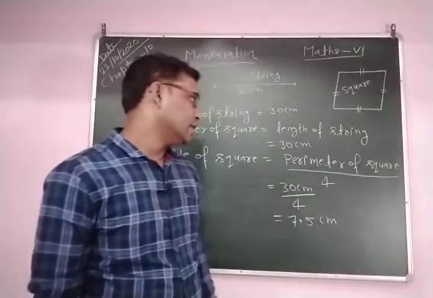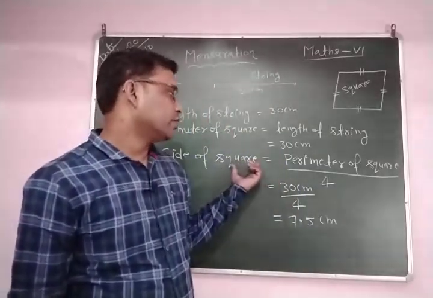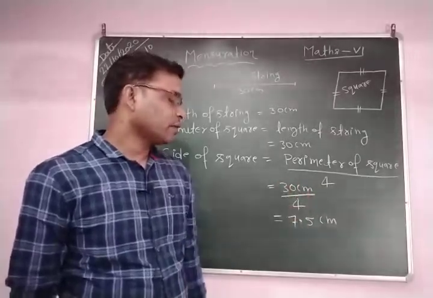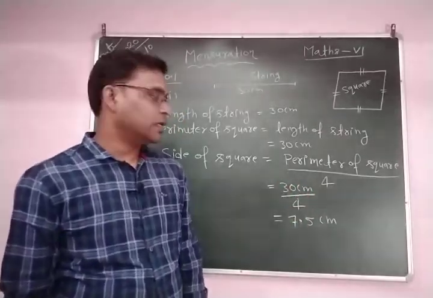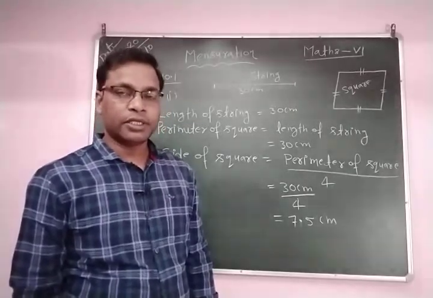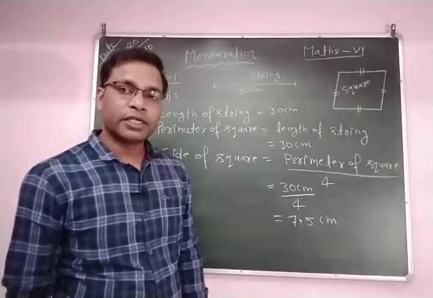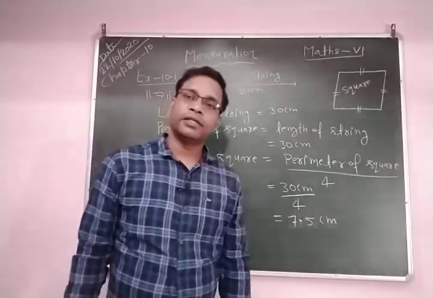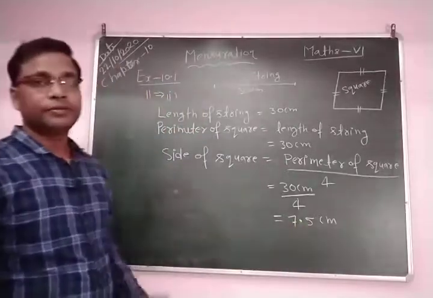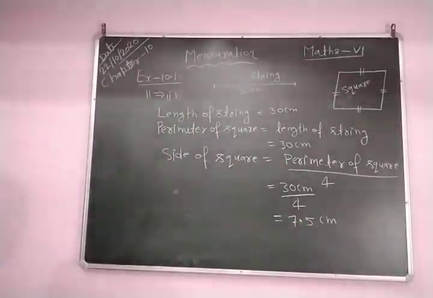The perimeter here is 30 centimeters because this is the length of the string, and the square is made by this string. So side of square is equal to 7.5. Students, I hope all of you understood this question.